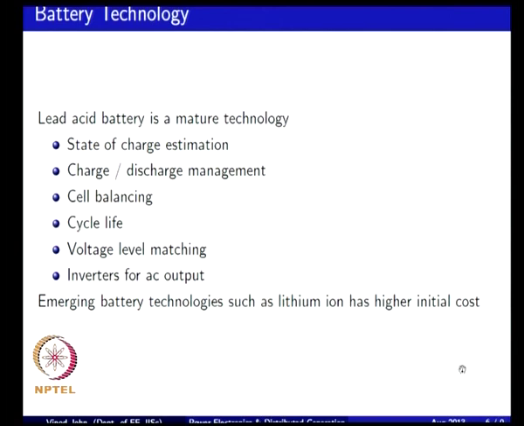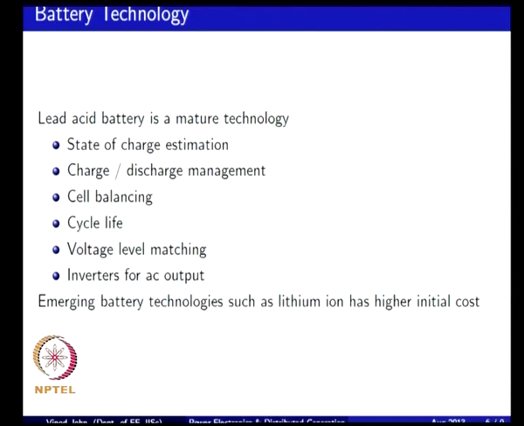If you look specifically at battery technology, there are many challenges in batteries. Lead acid is a mature technology today, and cost wise it is quite competitive compared to the other battery technologies. However, there are challenges of how to estimate the state of charge.